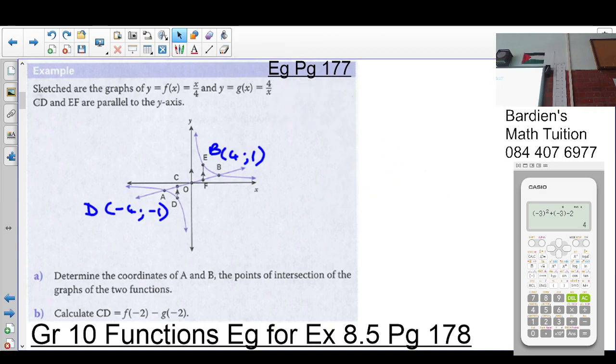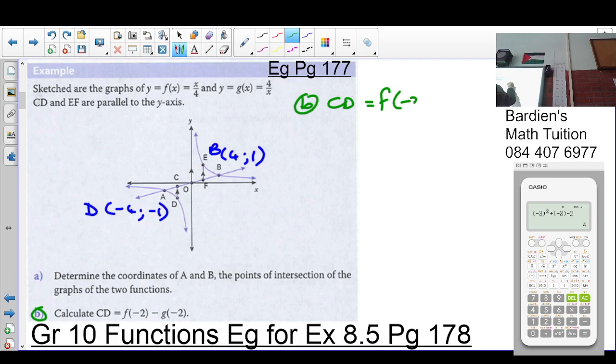Let's look at B. Calculate CD, which is equal to f of negative 2 minus g of negative 2. So how do you calculate CD? It's the distance between two graphs. Looking from on top, it is the straight line minus the hyperbola. The straight line is f of x. Can you see the f is first? So if I see x, I put in negative 2.